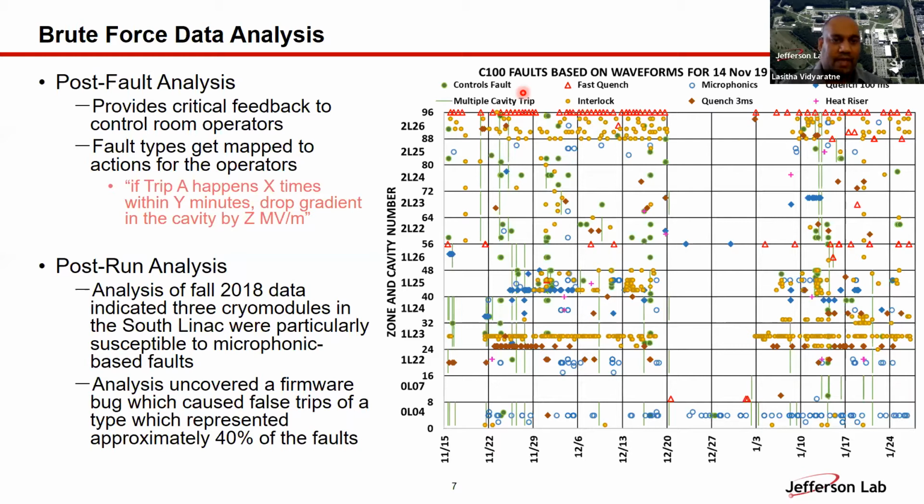For example, analyzing this kind of timeline activity for the fall 2018 run indicated there were 3 cryo modules that were particularly susceptible to microphonics-based faults. The analysis also uncovered a firmware bug that caused approximately 40% of the faults as well. So both this type of analysis is quite vital. However, I'd like to point out that this kind of timeline is actually made by subject matter experts in a brute force manner.